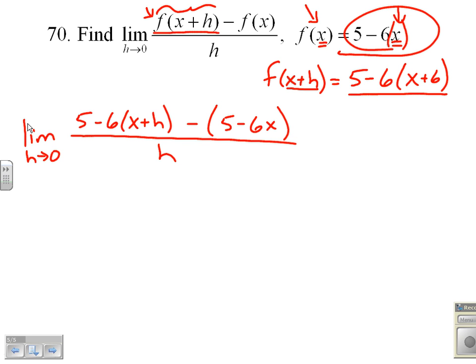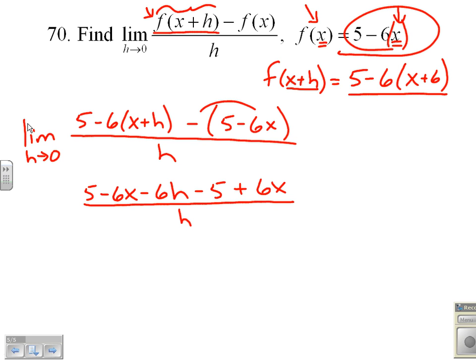Well, I got some pretty easy algebra to work with on the numerator here. So I get 5, distribute, minus 6x minus 6h, distribute the negative, minus 5 plus 6x, all on h. We're looking for the limit as h approaches 0.